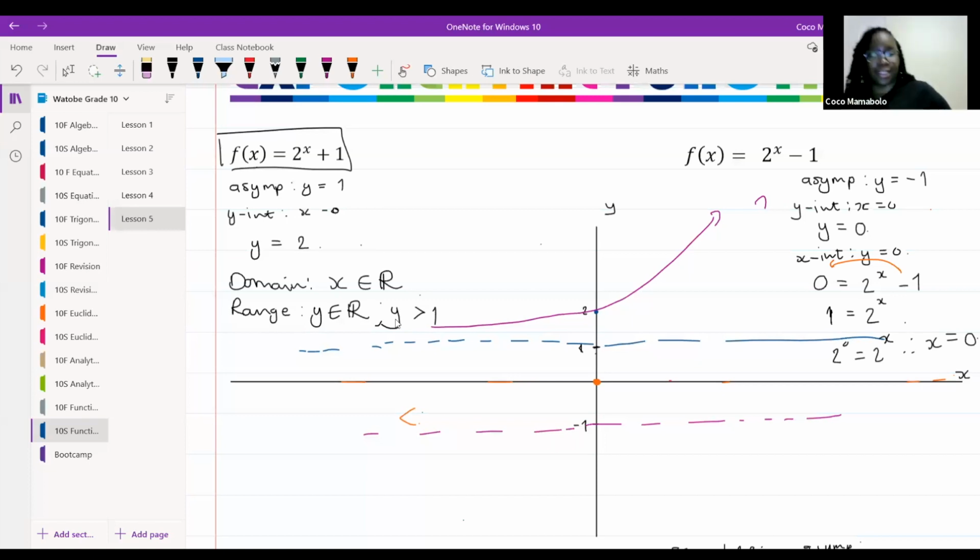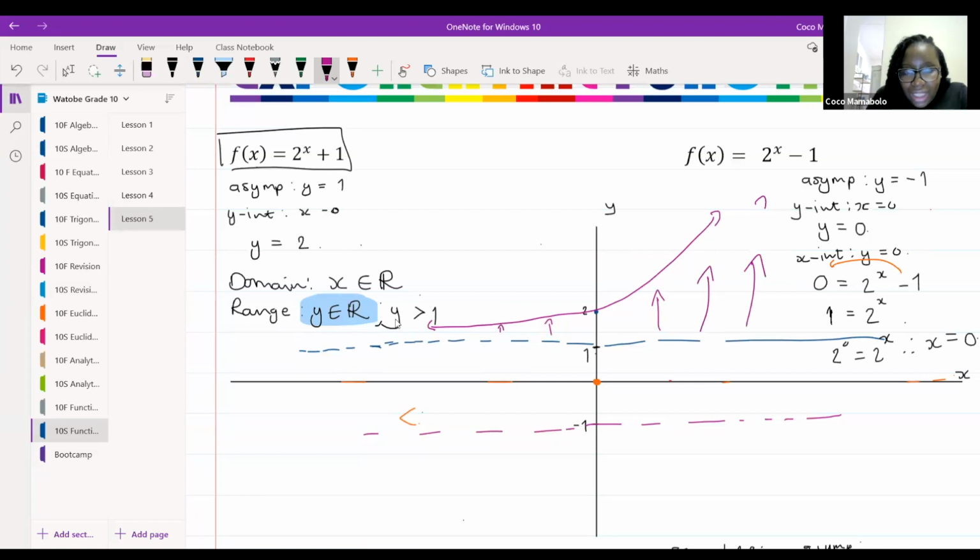Okay, so remember the range is going to be real numbers, my sweetie, but look at where my graph is. My graph is going up, so it needs to be greater than. But I know that my graph will never touch this point. My graph will never be here at the point 1. My graph will only ever be above the point 1. It will only go up above the point 1.